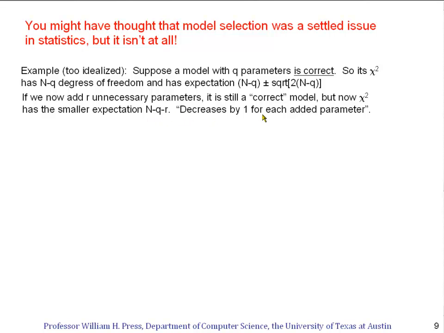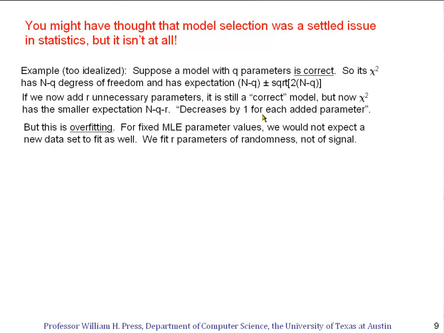In other words, chi-squared is going to decrease by 1 for each added parameter. But this is overfitting. Since these r extra parameters are unnecessary, they're not really fitting the underlying signal. They're fitting the randomness in the noise. And that does decrease the chi-squared.